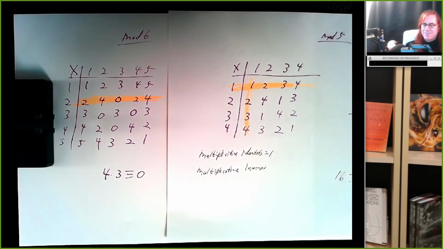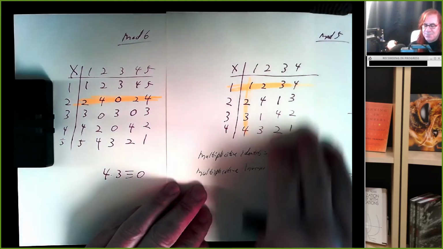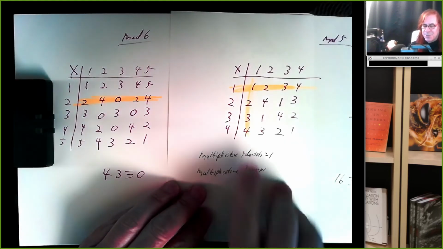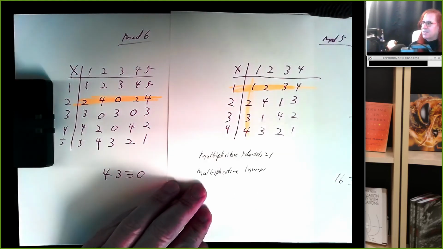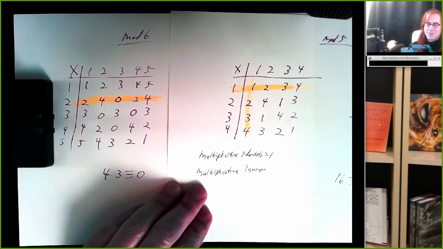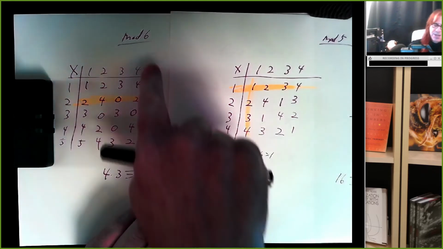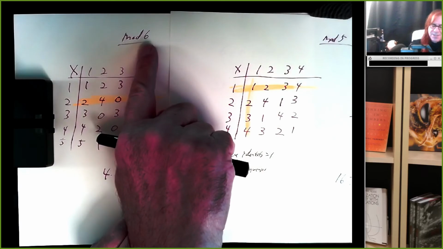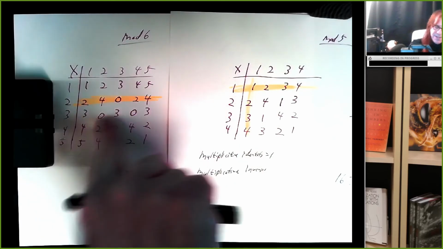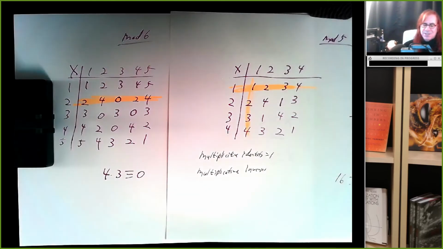And it turns out if we work modulo a prime number, we have this nice behavior where every row and every column has a 1 and no rows or columns contain a 0. And if we work modulo a non-prime number, a composite number, we are going to find rows and columns that contain zeros and don't contain 1s. And that's one way that prime numbers link into all of this stuff.